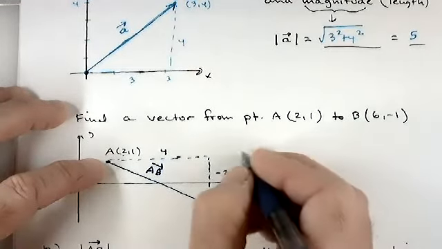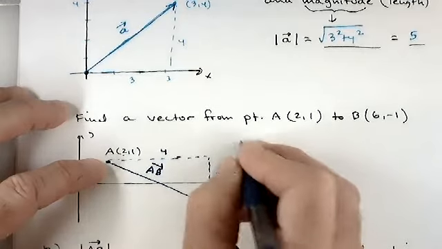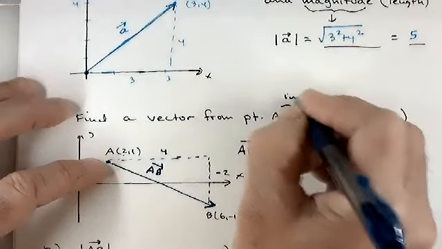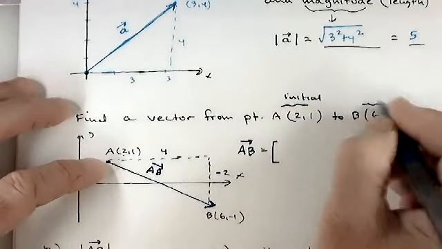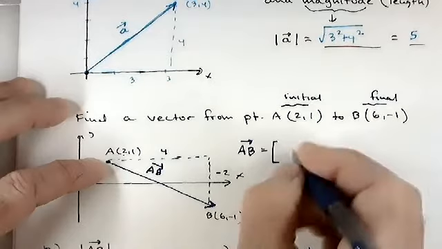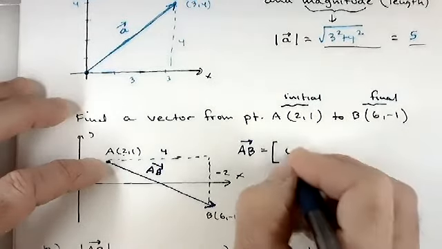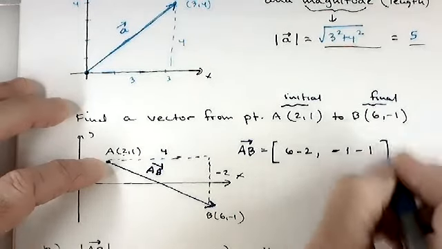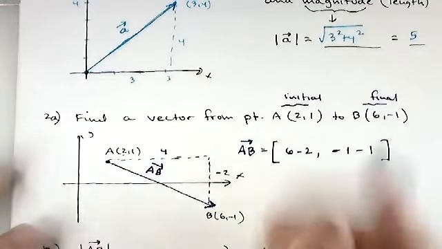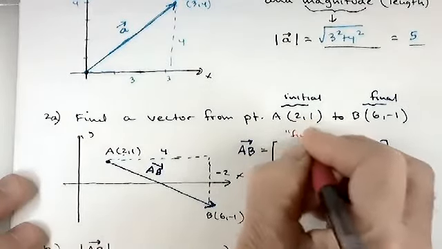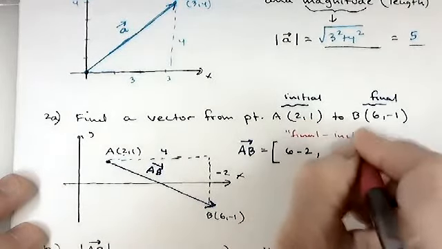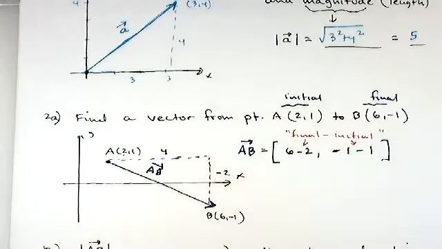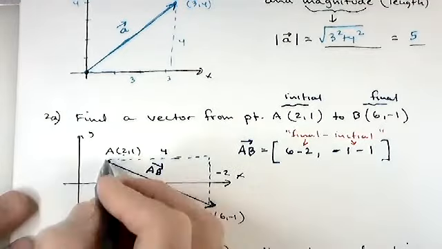The more standard way to figure out what vector AB is, if you think of this as your initial point, and this is your final point, is to go final minus initial: 6 minus 2, -1 minus 1. Final minus initial. That's how you get each of these points. Or do it the way I said before. Just ask yourself, how do you get from there to there?